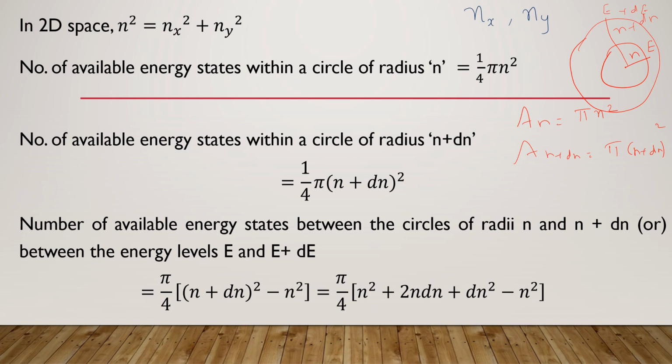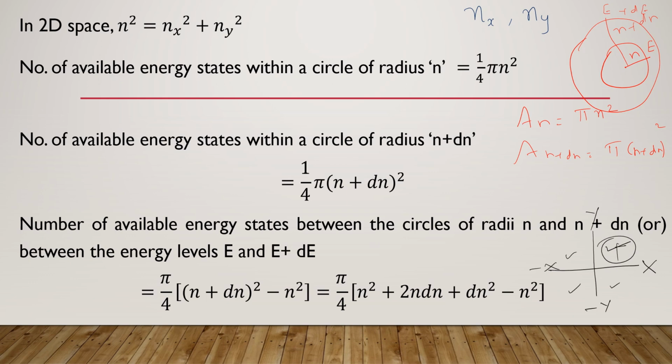Here the positive quantum numbers have to be considered. Therefore, in this two dimension, only one quadrant will have the positive values; the others come under negative quadrants.